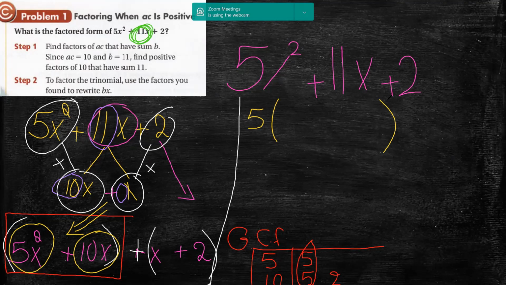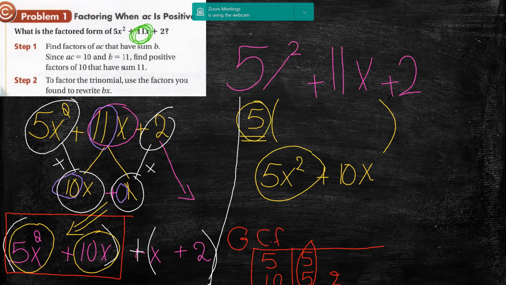Why by 5? Because I took the GCF outside. 5x squared divided by 5 is what?